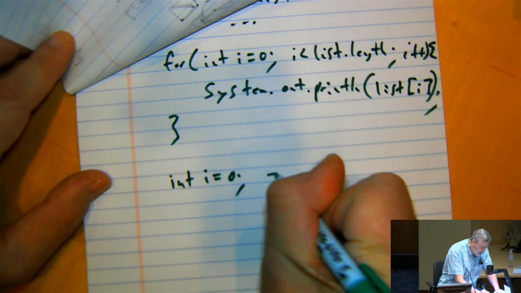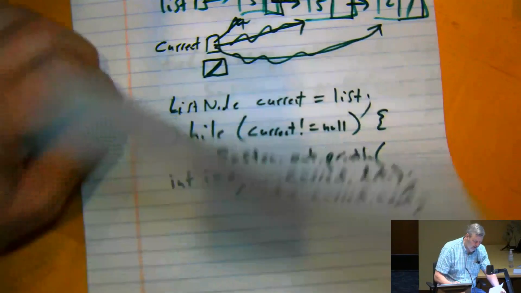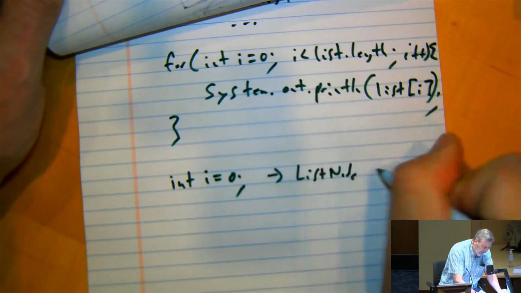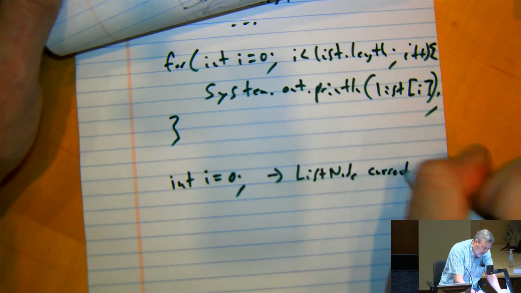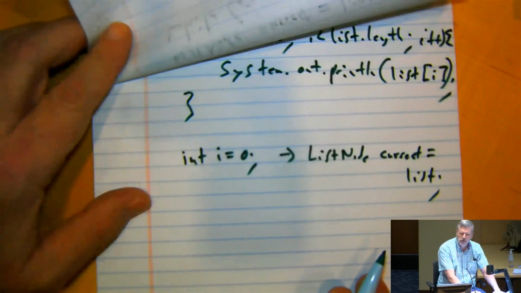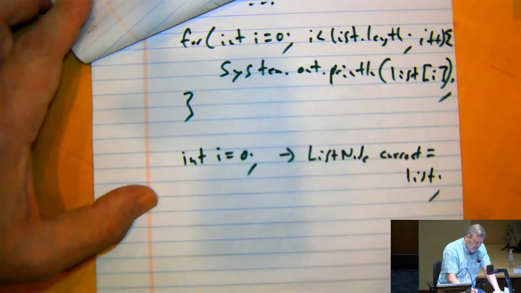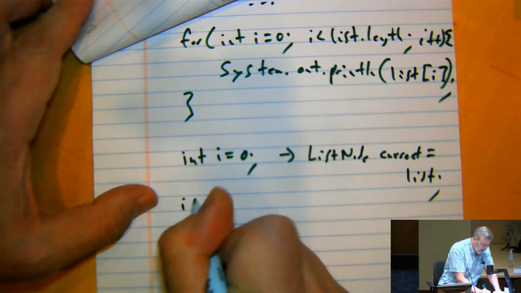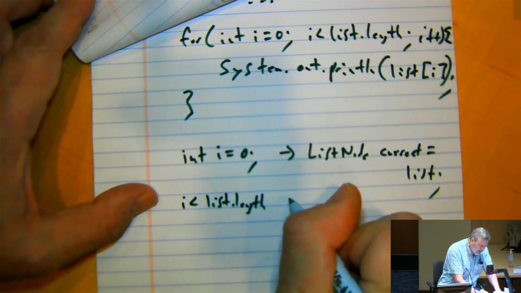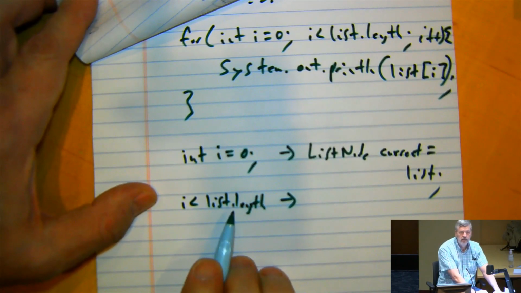What that becomes in the linked list case is this line of code right here that says ListNode current is assigned to list. So kind of the equivalent in linked list code is to set a ListNode current to the front of the list. So that's kind of the correspondence there. Here, the way that we test to see whether there's anything more is we see whether i is less than list.length. That tells me whether this index is actually referring to something that is an element of the array.